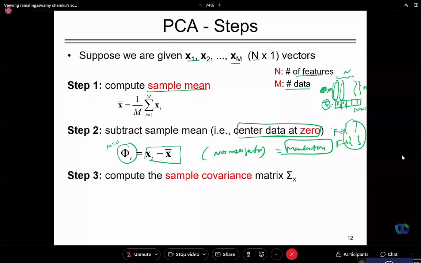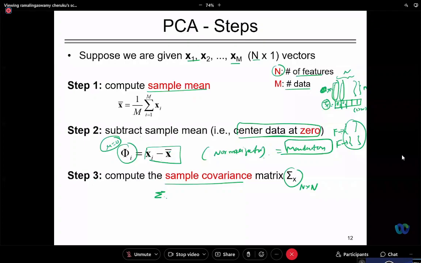Once your data has been transformed or normalized, you find the covariance matrix, sigma x. The dimension of this is n cross n, since there are n features. Once you find the covariance matrix, you solve the characteristic equation: sigma x times ui equals lambda i times ui.